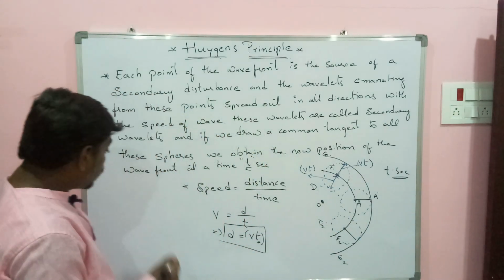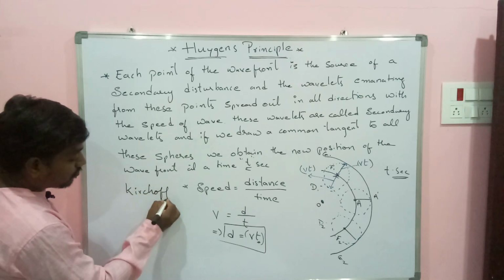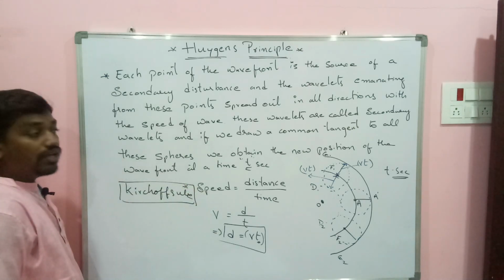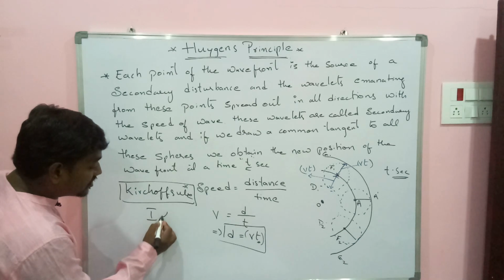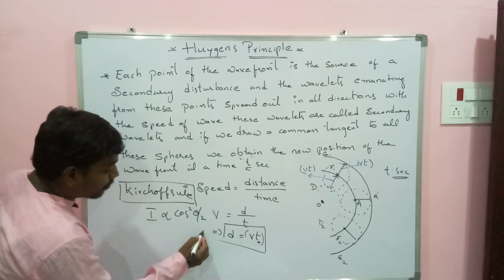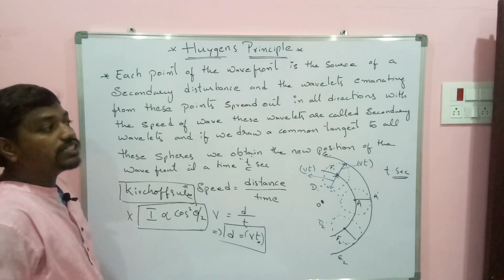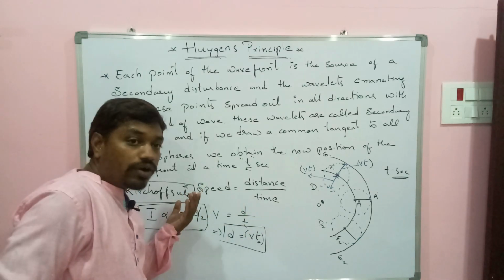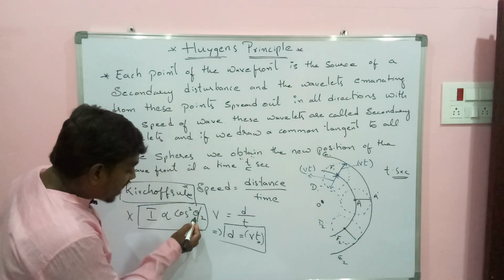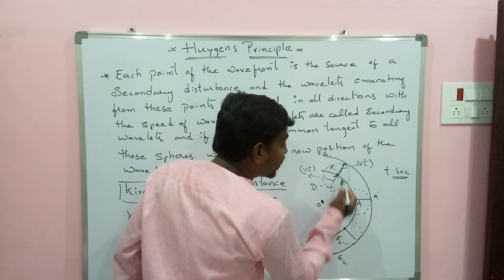But there is a rule called the Kirchhoff rule. What does this rule explain? The intensity of the wave is directly proportional to cos square theta by 2. Based on this rule, we can explain the intensity in the backward direction as well as in the forward direction. Here theta is the angle made by the wave with the direction of the light.